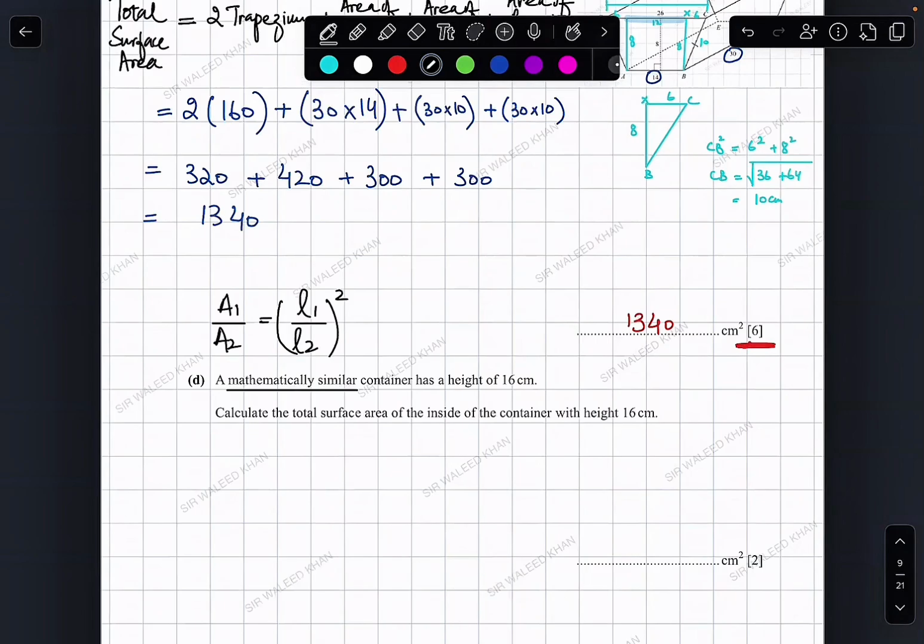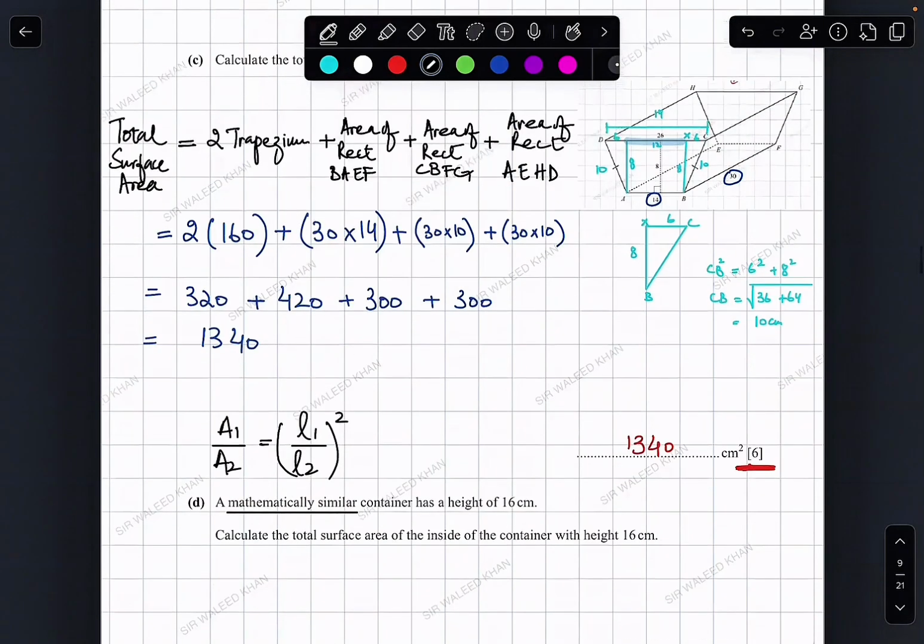These lengths can be any corresponding lengths, but you have to consider the corresponding lengths.